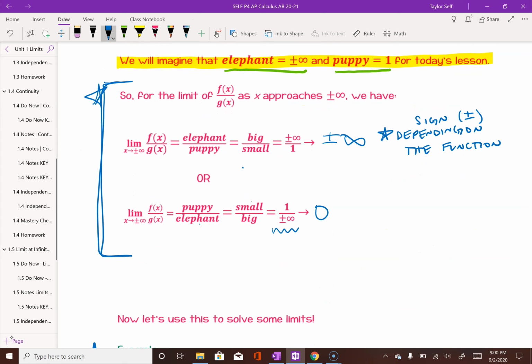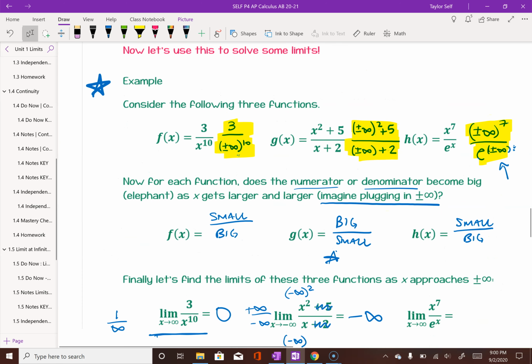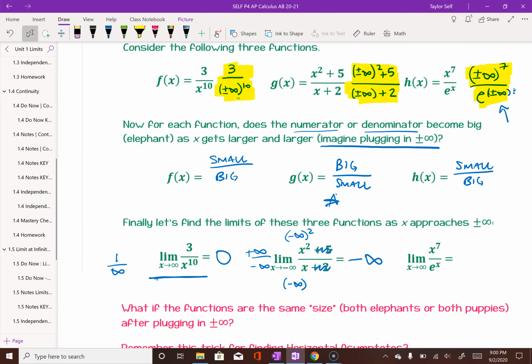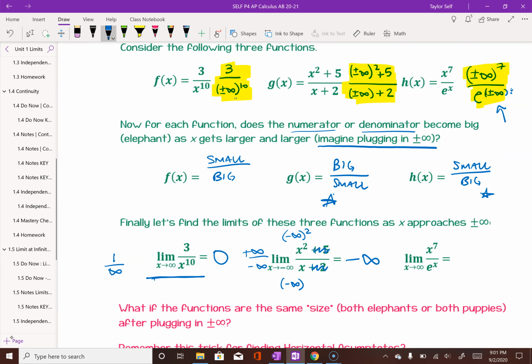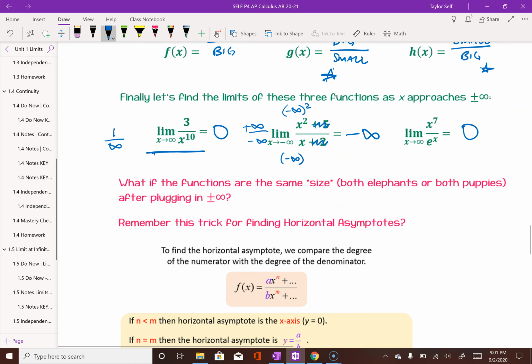We just have to think about the sign. Okay, and then the last one we have is the limit as x approaches infinity of x to the 7th over e to the x. Again, this one is small over big, so this limit will equal 0. Those ones are easier than the big over smalls, right?